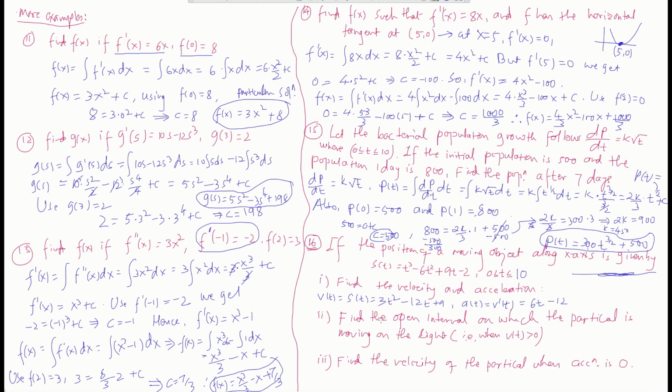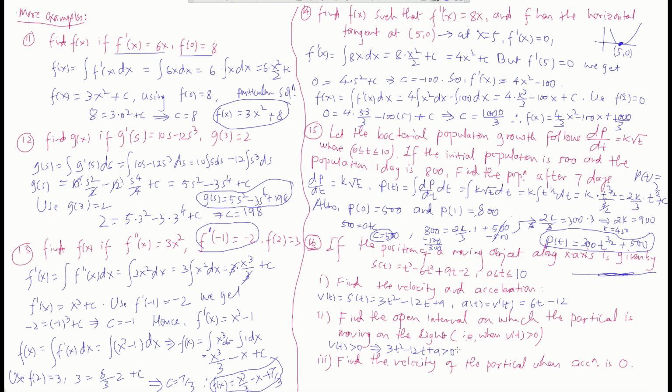Now what it says is find the open interval on which the particle is moving to the right. So moving right means where the velocity is positive, and moving to the left is velocity negative. So moving to the right is v(t) greater than 0, right? So you need to solve for v(t) greater than 0. So 3t squared minus 12t plus 9 is greater than 0.